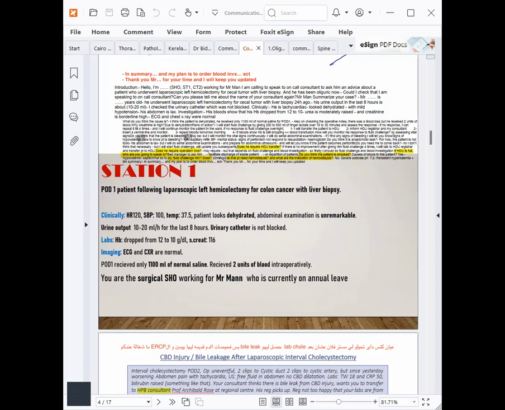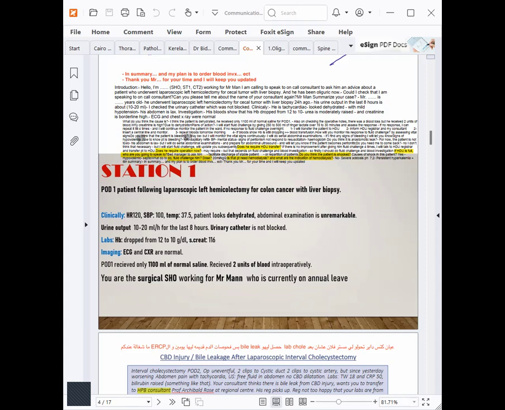We will start with a fluid challenge by giving 250 ml normal saline in 15 minutes, and continuously assess his responsiveness. If there is no response, we can repeat 2 or 4 times, and continuously re-observe.